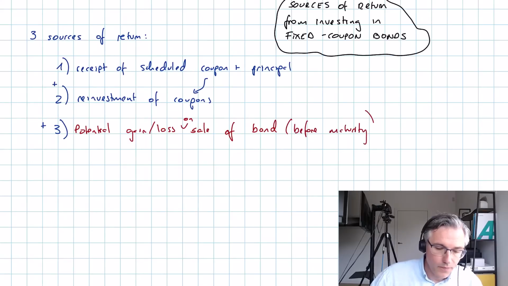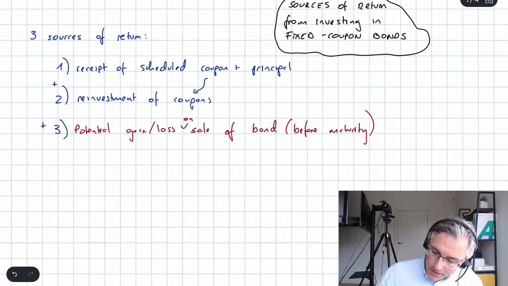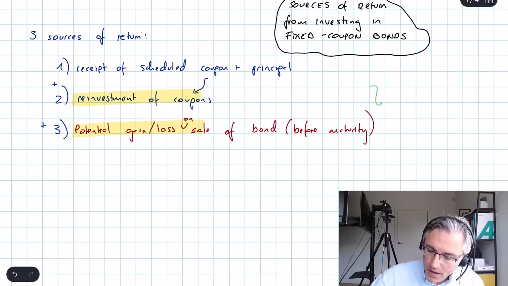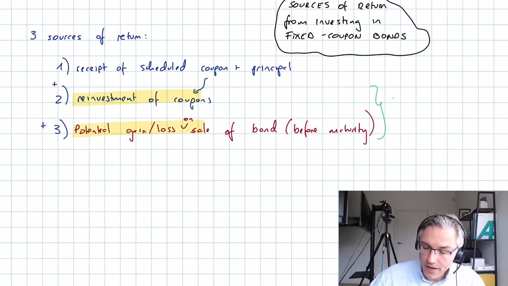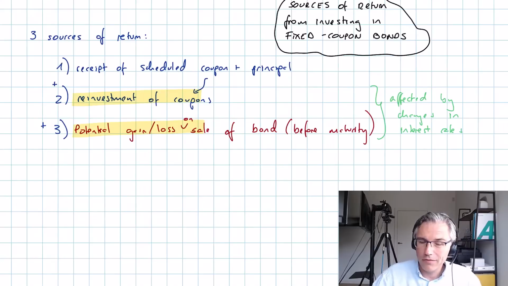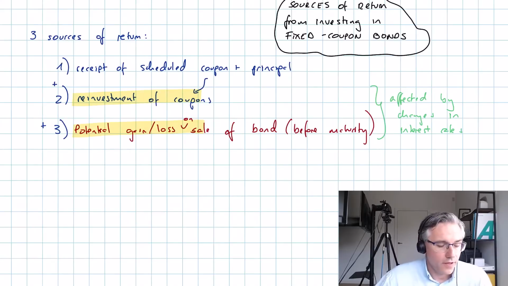Now, it is going to be the latter two, numbers 2 and 3, which are going to be potentially affected by changes in interest rates, changes in yields. And this whole video is going to be all about trying to gauge that effect, so to speak.